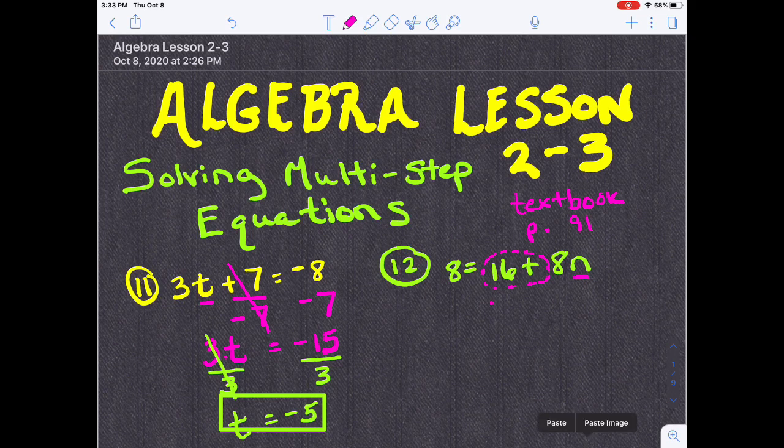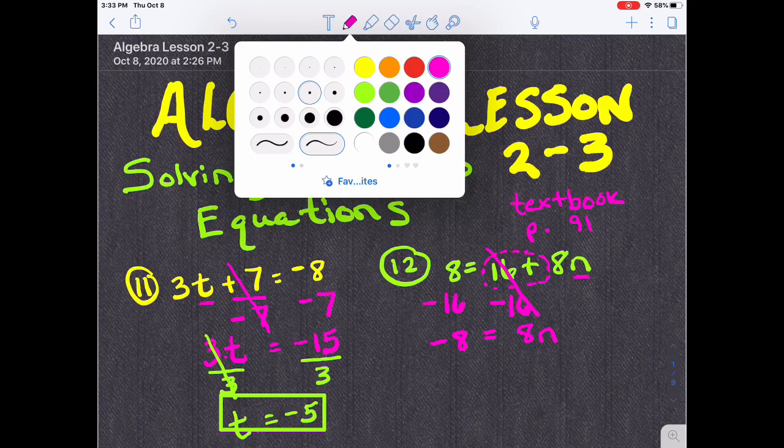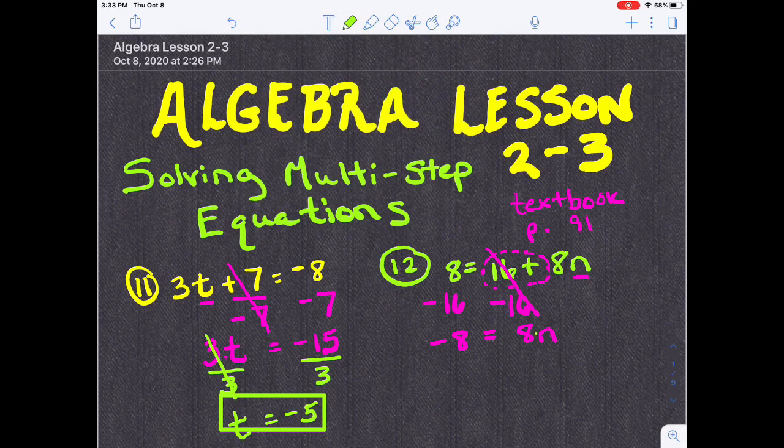So since it's a positive 16, I'm going to subtract 16 to cancel that out, and I have to do that on both sides. So 8 and -16 gives me -8 equals, this canceled, became a 0, so 8n plus 0 is just 8n.